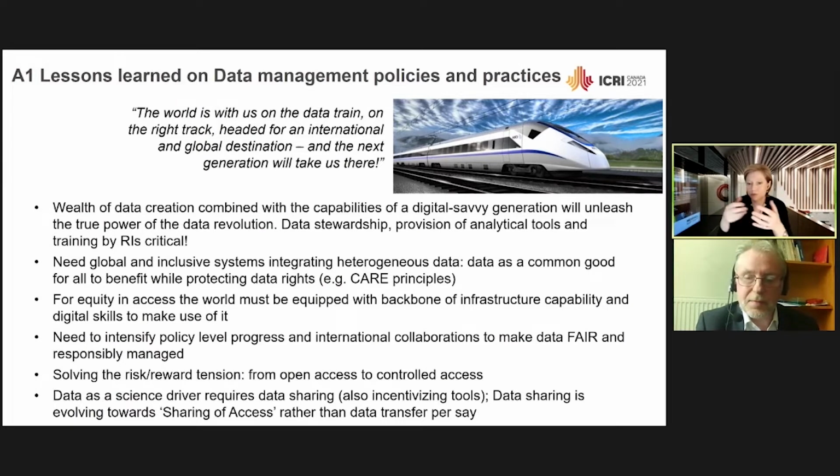And that really touches on the topic of solving the risk-reward tension from open access to controlled access. So one way to circumvent the issues of privacy, data control, and sensitive data is to circumvent it altogether. So we should manage sharing the access rather than the data itself.